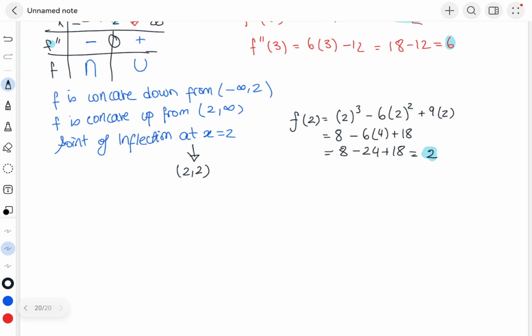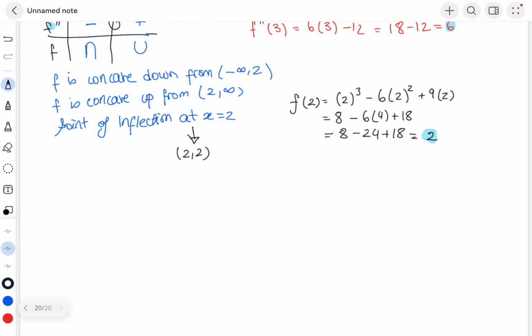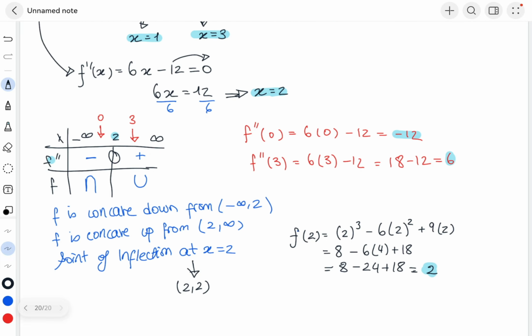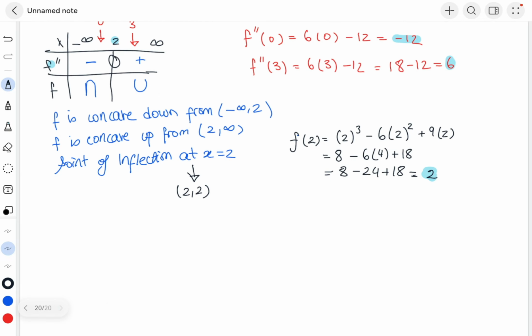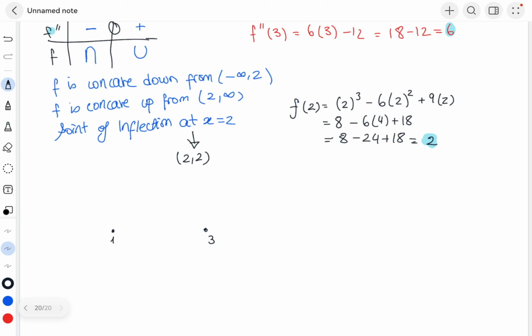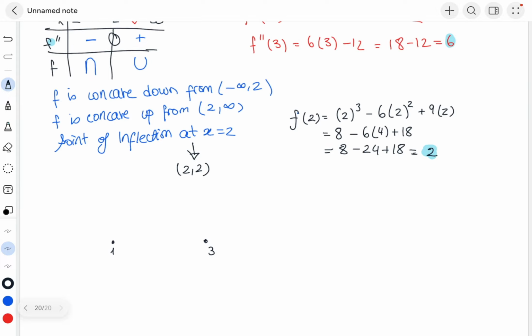Now, I'll explain something that I didn't explain in the previous example. We said we had as maximums and minimums 1 and 3. So we don't know what they are. So let's put 1 and 3, and we have our point 2.